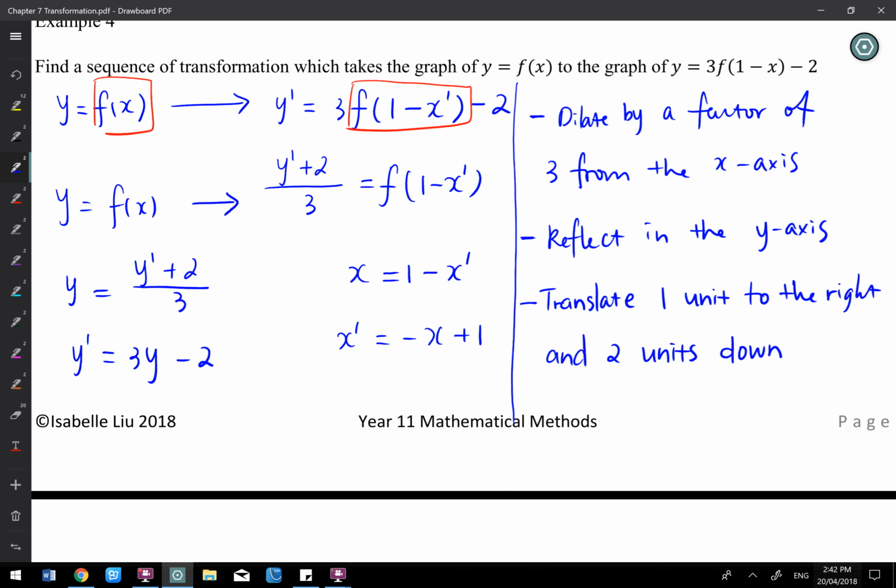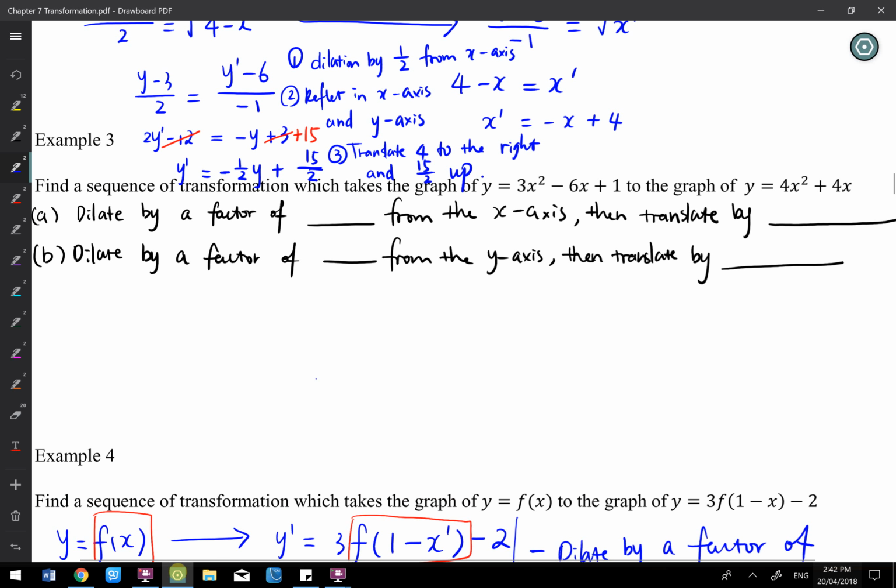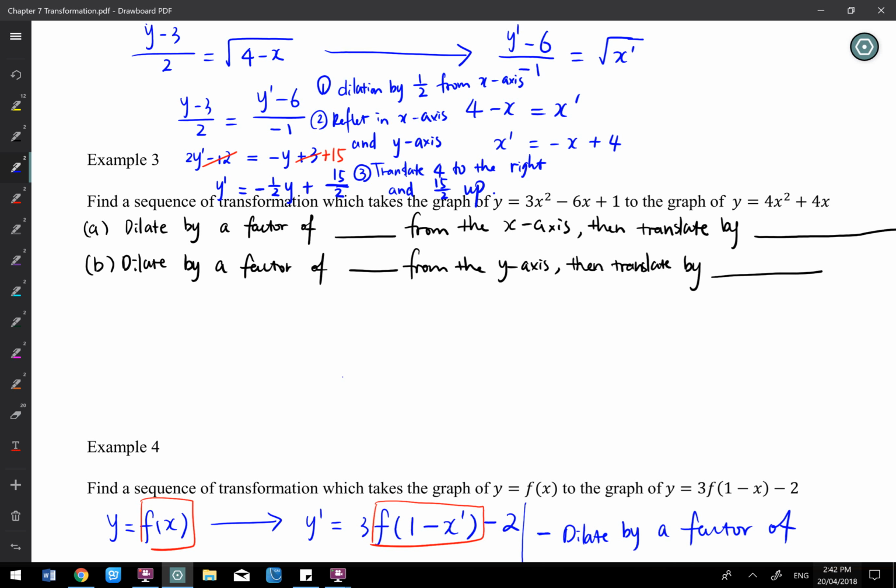Alright, the next one will be harder. So we focus on the next one here. I don't have enough space. You need to find a separate page, a separate paper to do this question. The last page, maybe?